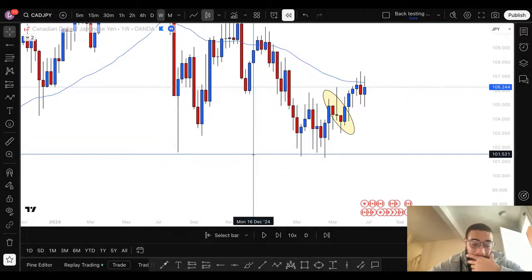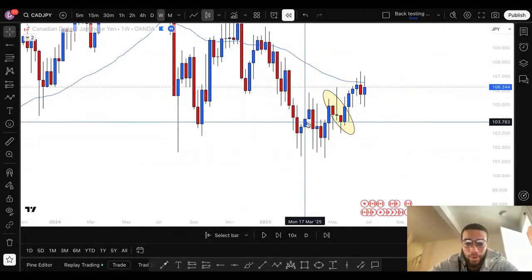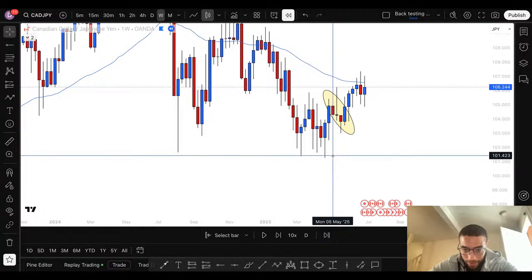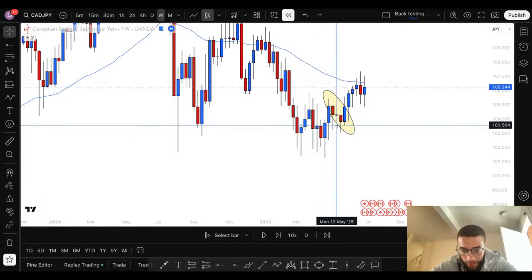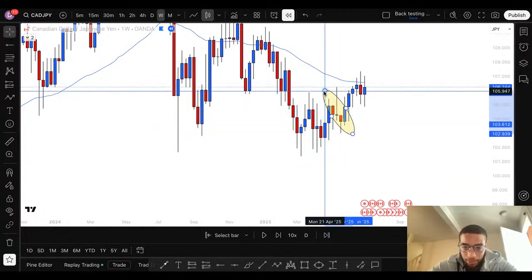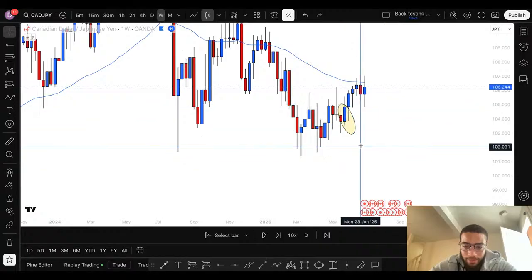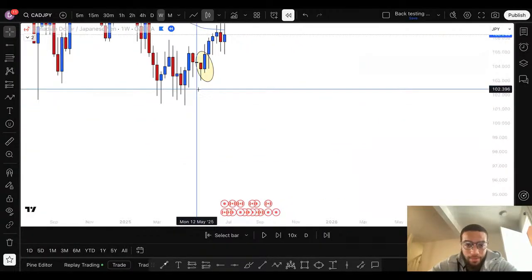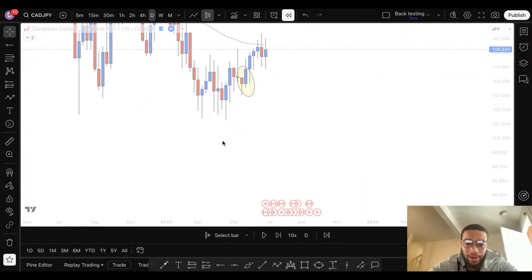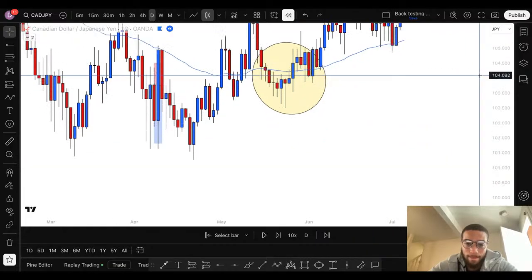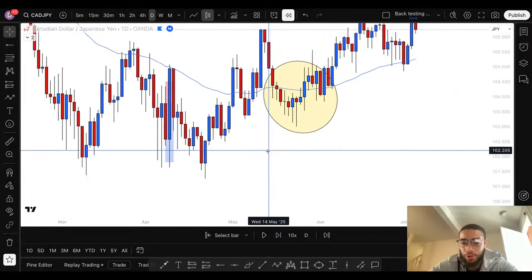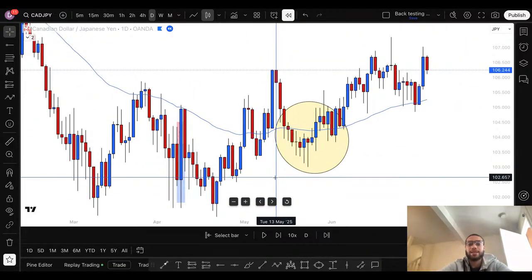So now we understand how we have shifted structure over here. And now we're starting to pull back. We see price come here. Now when we go down to the daily, we understand that the weekly is creating a higher low to create a weekly higher high.